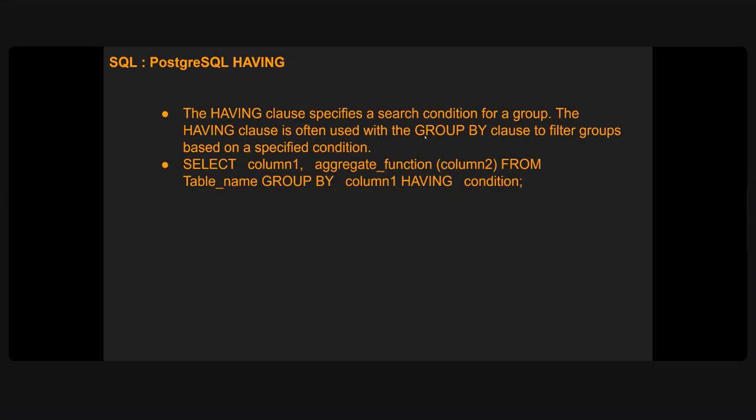I'll create an error so that you'll understand what I'm talking about. And this is the syntax: select column 1, some aggregate function from table name group by column having this condition, some condition you are checking, like gender is equal to male. Can you show the sales report gender wise, or survey result gender wise? That is where you will use complex queries.